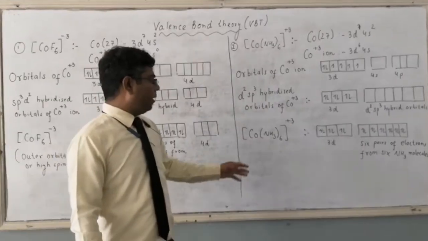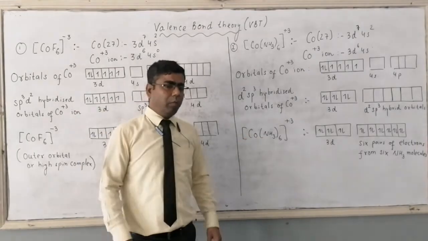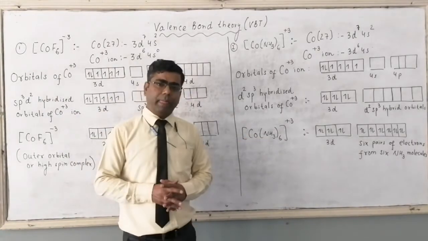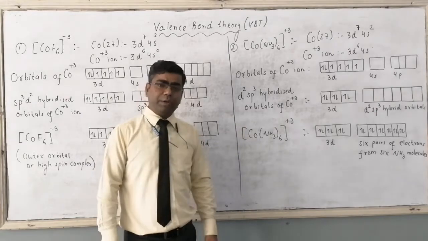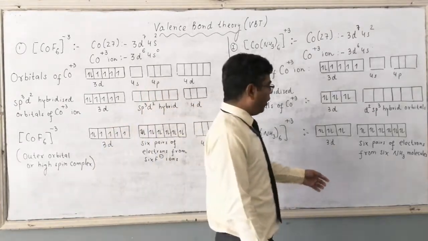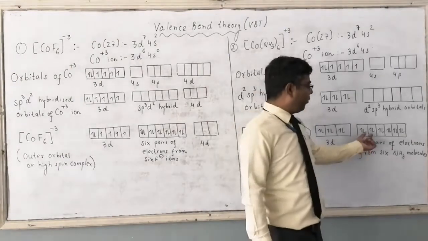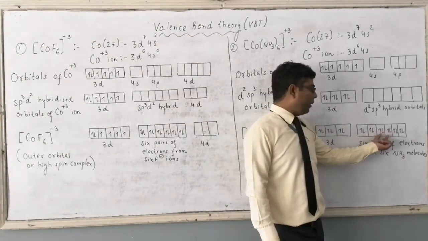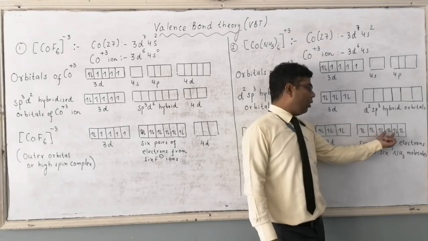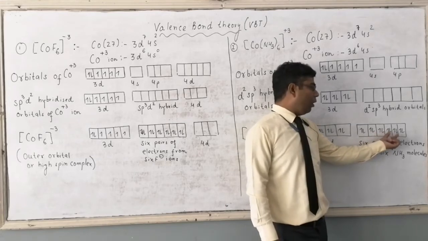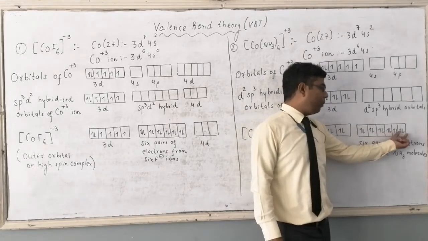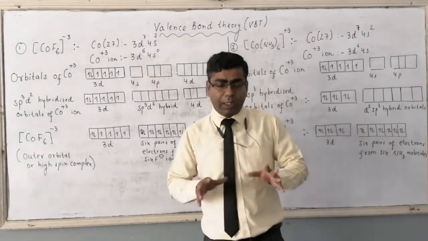Now what will happen? The NH3 ligand will contribute its lone pair into the vacant orbitals for the formation of coordinate bonds. So a lone pair from the first NH3 molecule, from the second, third, fourth, fifth, and sixth NH3 molecule.